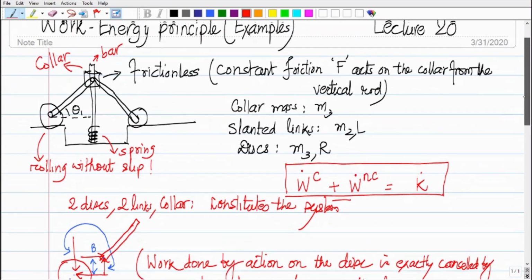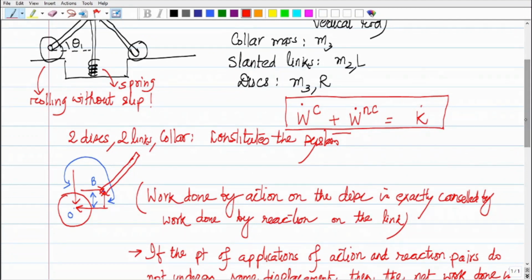So, and you can recall that this equation right here was also written in a different form. The work done by conservative forces can also be written in terms of potential, isn't it? But negative of the potential, isn't it?